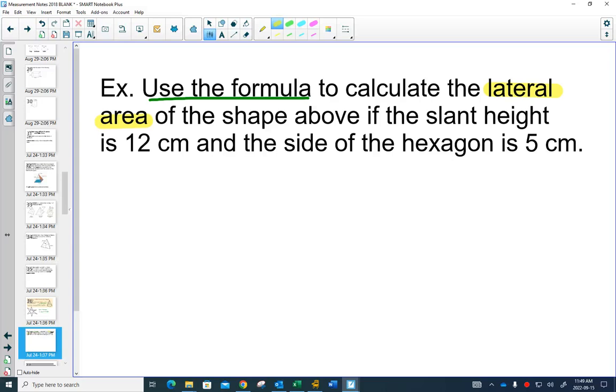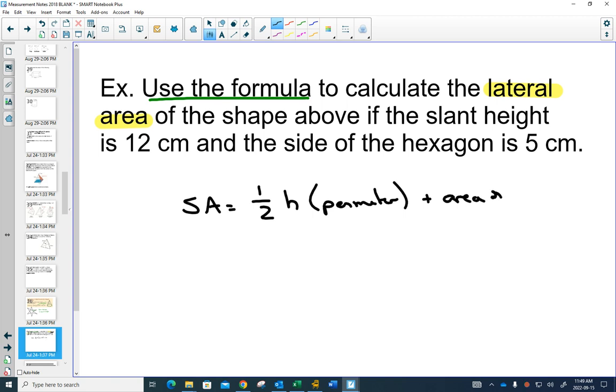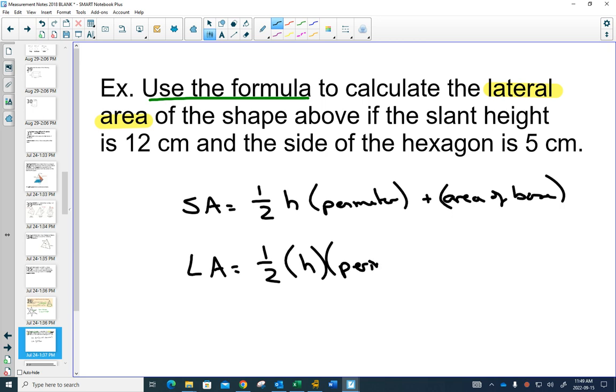So if my surface area formula was 1/2 height times perimeter plus area of base, then my lateral area doesn't need the area of the base.